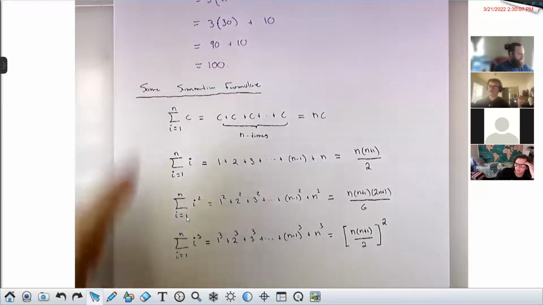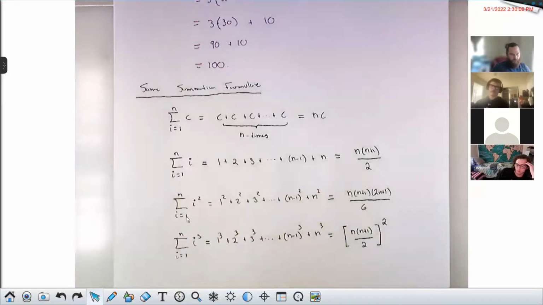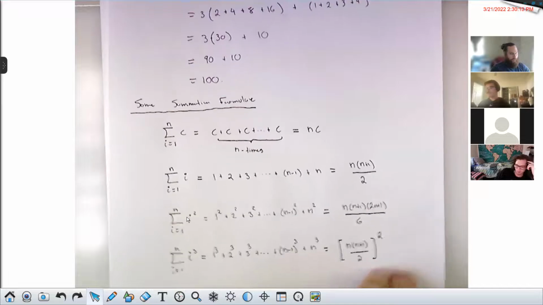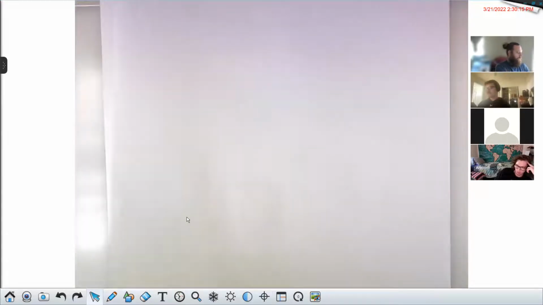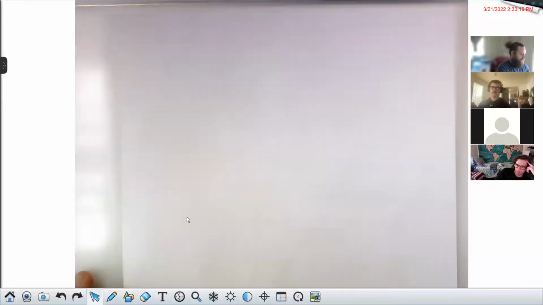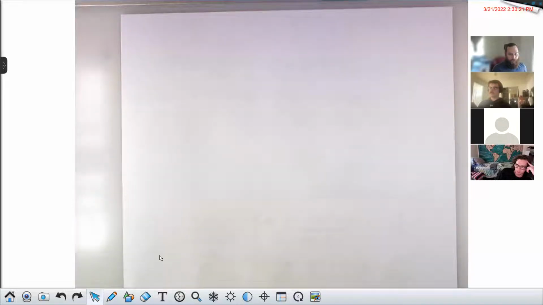Okay, these formulas, those rules, definitions, why? Well, I want to approximate the area under a curve, and I want to do a good job at it.